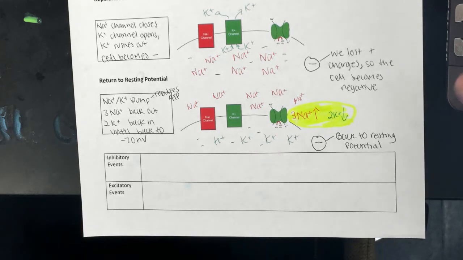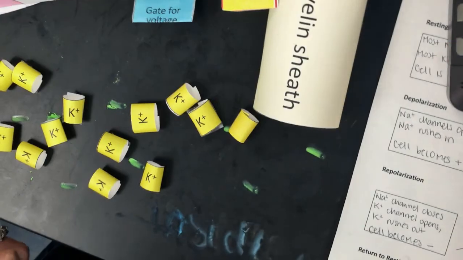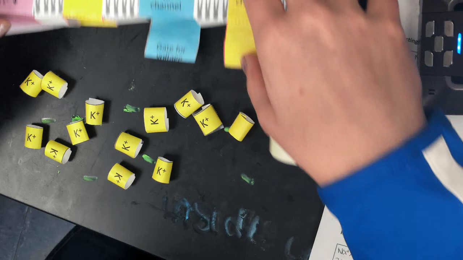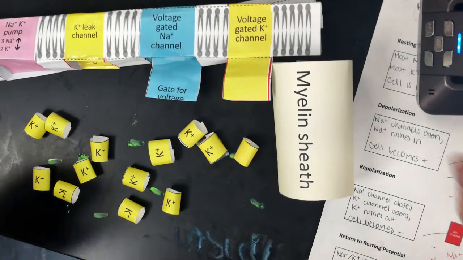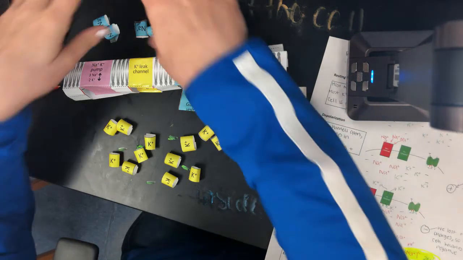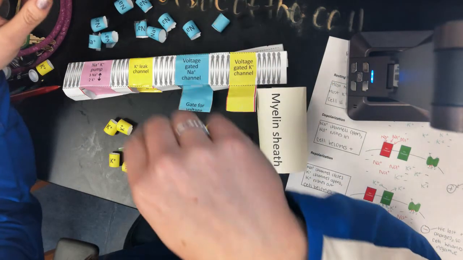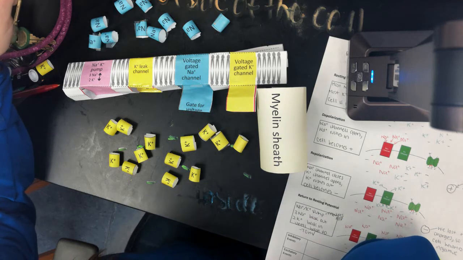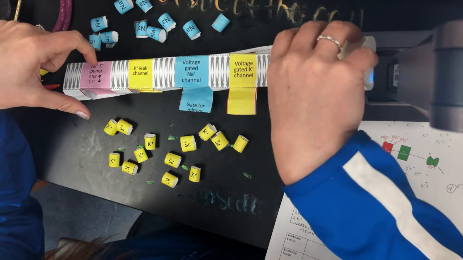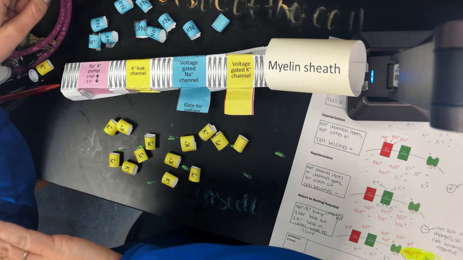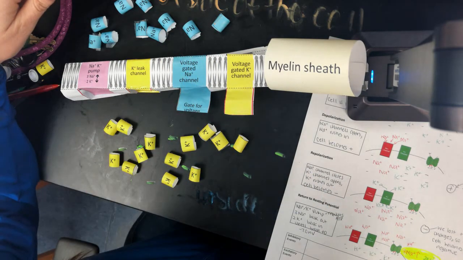Okay. I'm going to run through that over here again. Okay, so here's my resting potential where most sodium is outside the cell, potassium's inside the cell, along with all those negative charges. So this is resting, cell is negative. We're going to receive a nerve signal. It goes through the dendrites, makes its way to the axon.